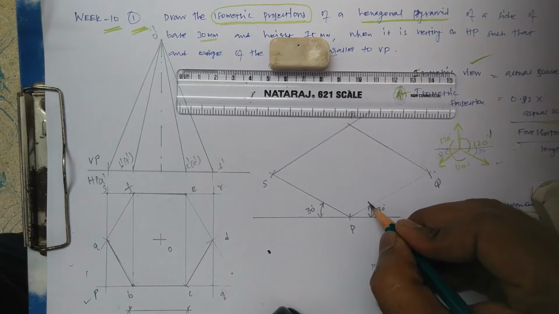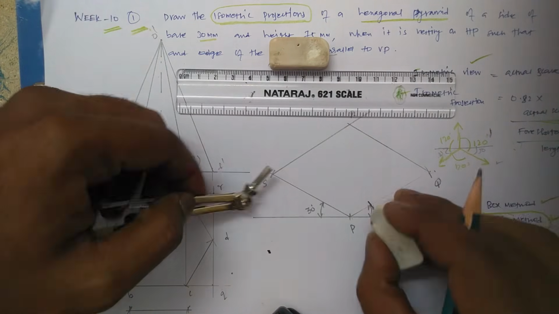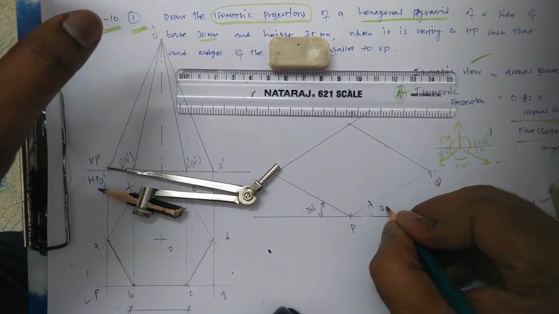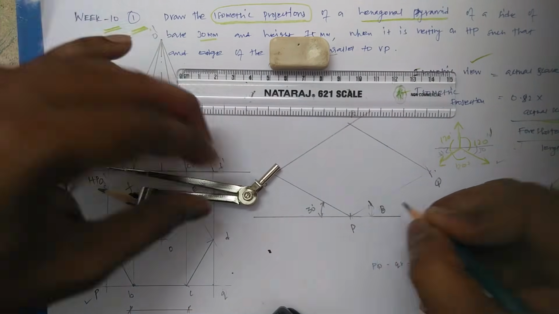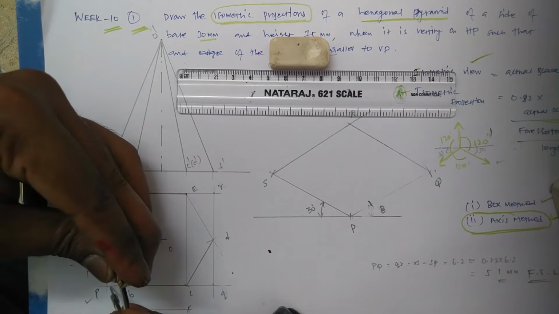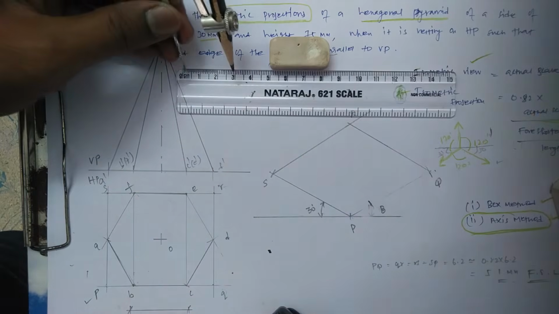So this point is known as B. So I could say in a capital letter, so let me erase this 30 degree. This is B. Similarly, but P to Q is different. The length is different, that we need to measure and check what the measurement is.